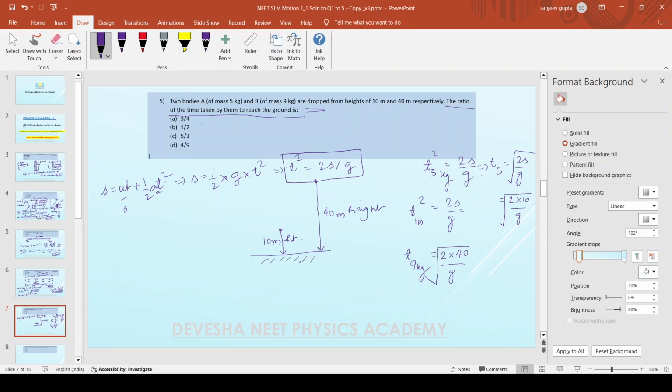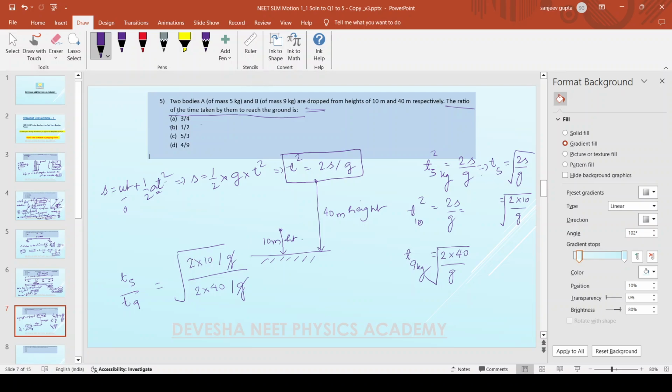So now we need to find the ratio. The ratio is t of 5 divided by t of 9, which is equal to the square root of 2 into 10 by g divided by 2 into 40 by g.